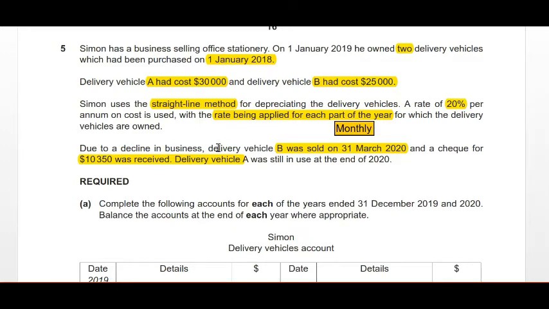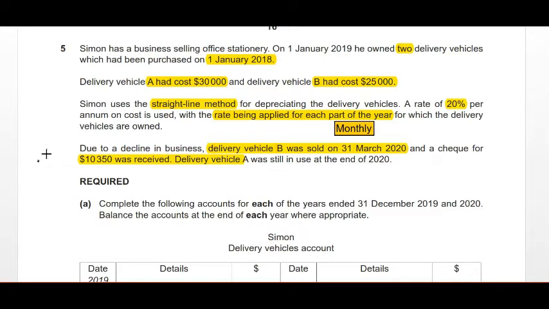Okay, so they are disposing of motor vehicle B and they are receiving 10,350 as a check for the payment of that vehicle. Now whenever we are disposing of the asset, we need to compare the amount that has been received, which is its selling price, to the net book value.